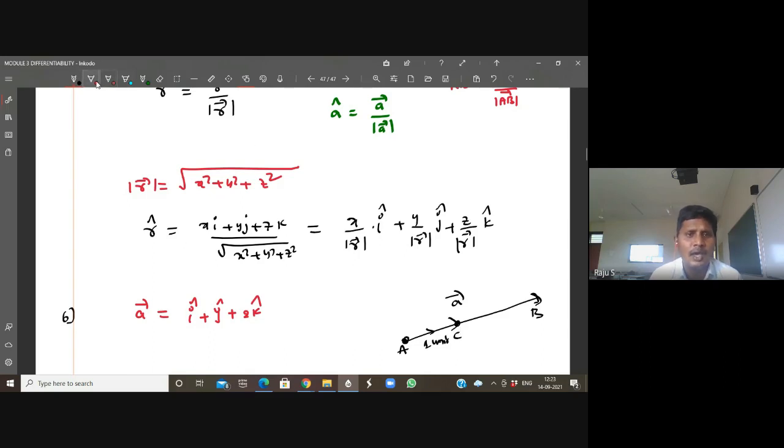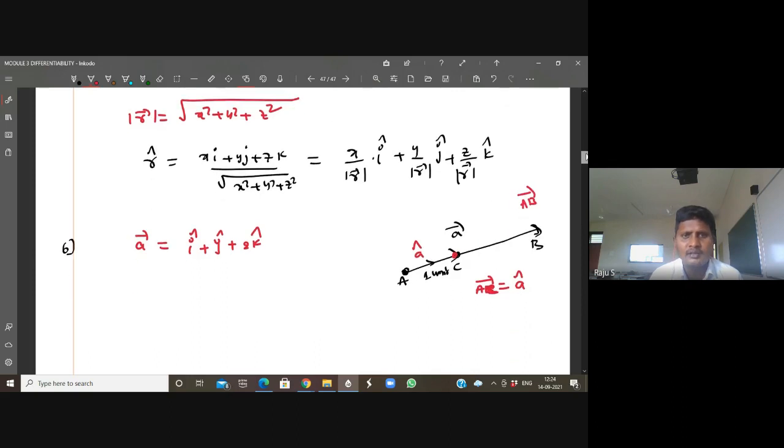This A to C can be denoted by A cap. A cap is a unit vector along the direction of the A vector. The A vector direction is A to B, but the unit vector I consider from A to C. This AC vector will give the unit vector of the A vector. AB is the given vector, and along AB the unit vector I am taking as AC. AC is equal to A cap.